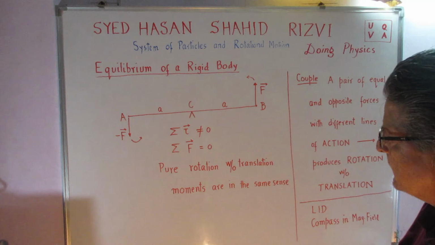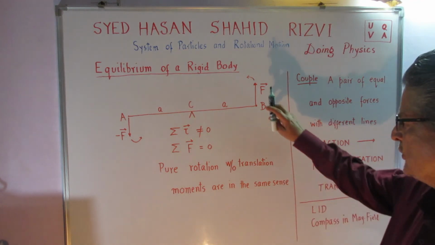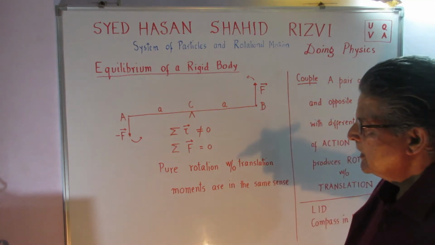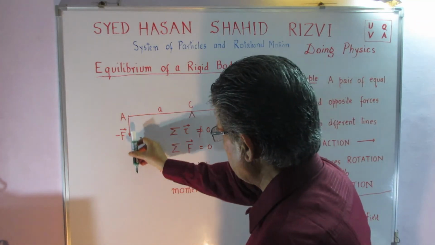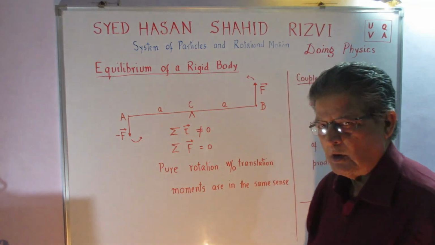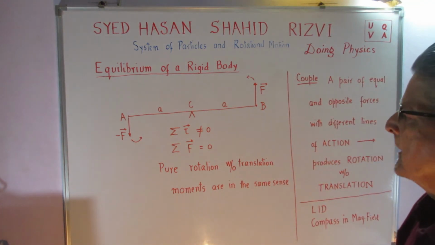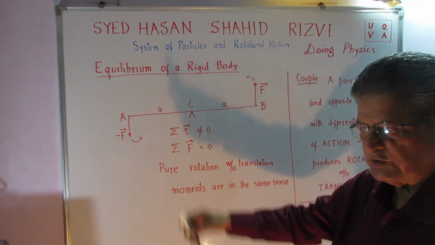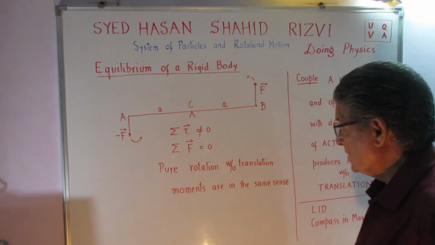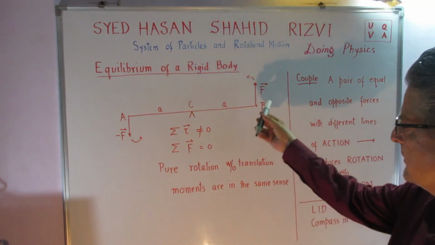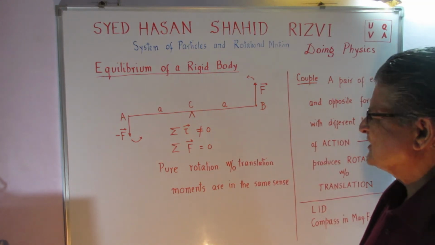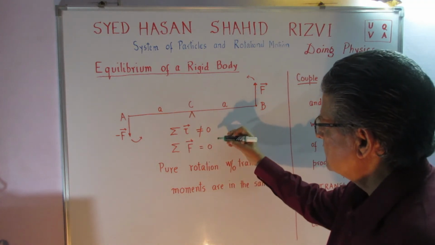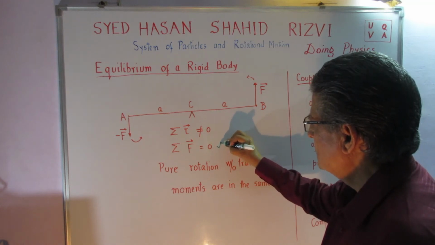Now we have two forces, one acting in this direction, magnitude F, and the other minus F, the same magnitude but in the opposite direction. Naturally, the summation of these two forces, which are parallel to each other and acting at different points in the system we are considering, ΣF is equal to 0.